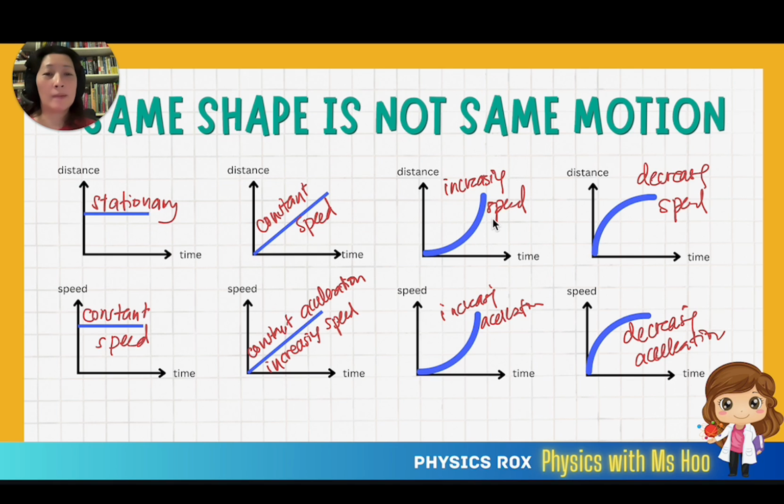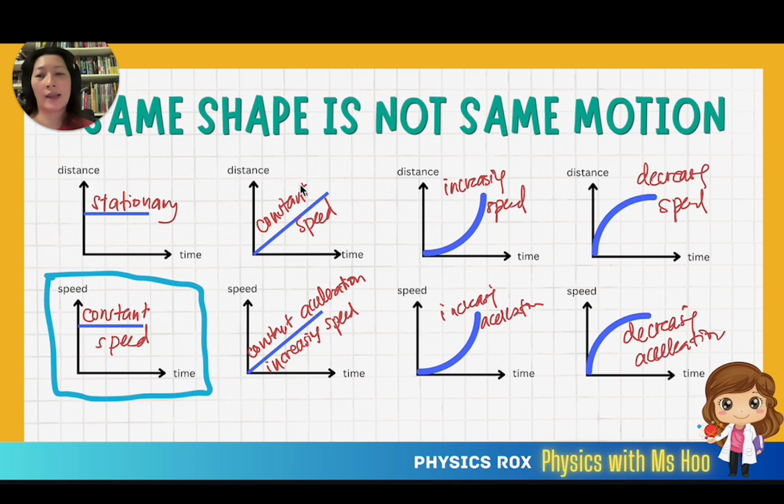So the same shape does not necessarily mean the same motion, but sometimes you might get two different graphs which represent the same motion. So for example, this graph shows us constant speed, and so does this graph. So for a speed time graph, a constant speed with a zero gradient shows the same motion as a distance time graph with a linear line.